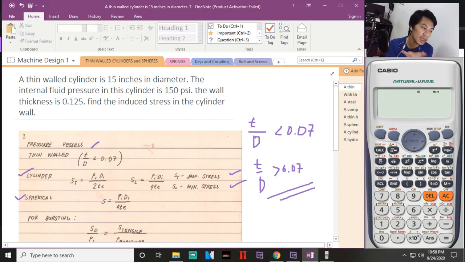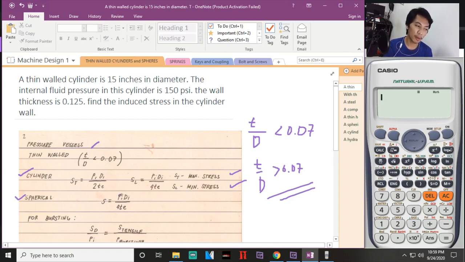Ngayon, kapag nagde-design ka ng cylinders or pressure vessels, ang lagi mo i-consider is the maximum stress. Why maximum stress? Kasi, pag nag-design ka, lagi ka dapat may pasobra. Okay? Hindi ka magde-design ng isang bagay na that will fail into minimal or less usage. Okay?